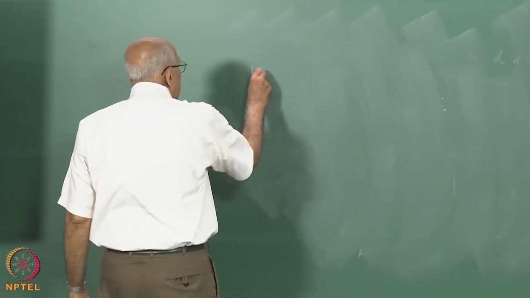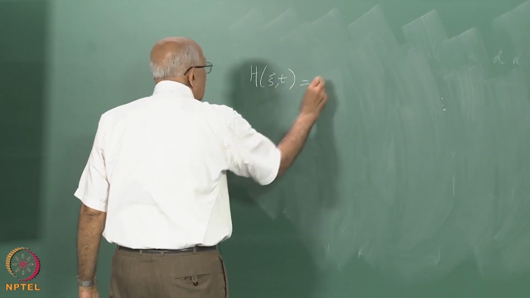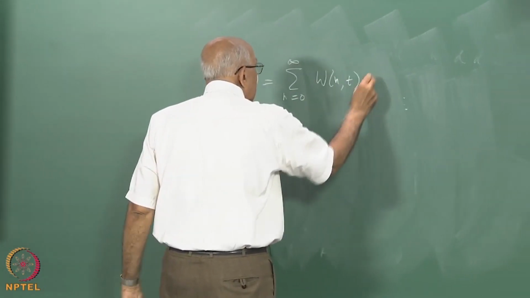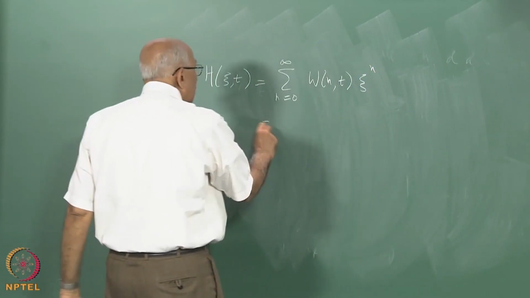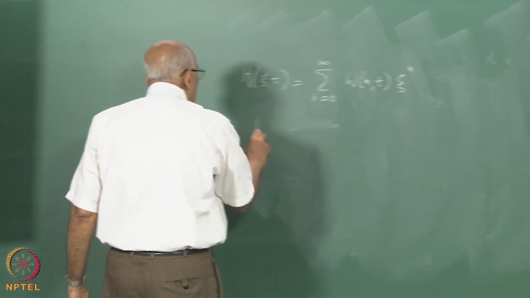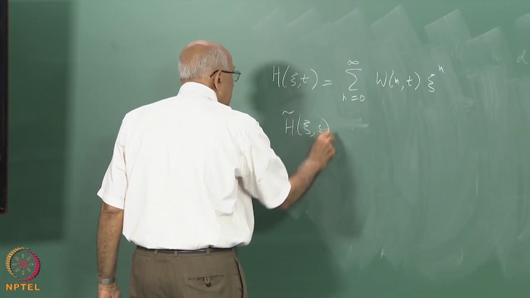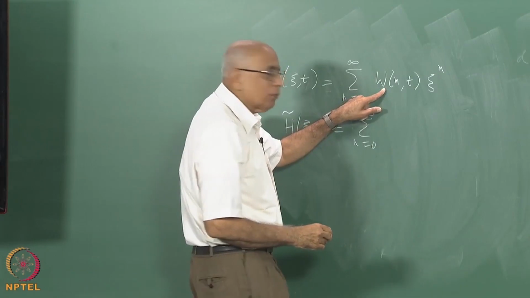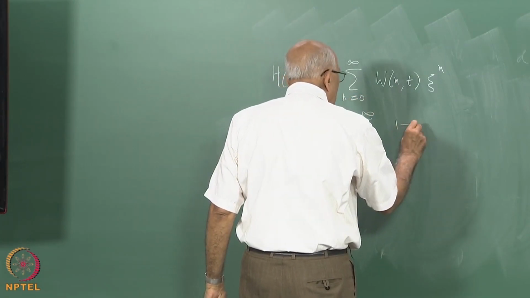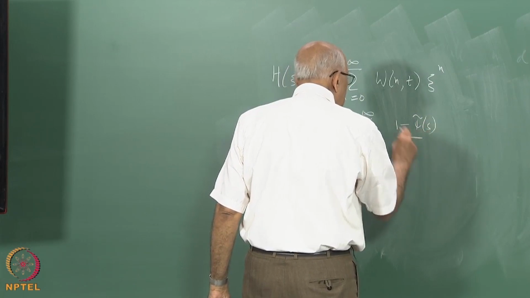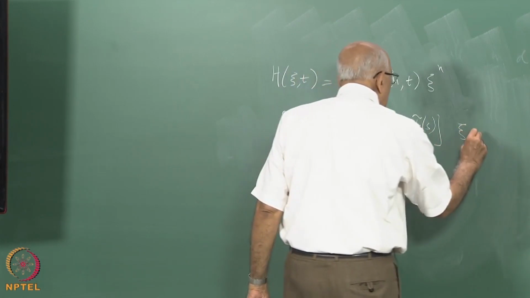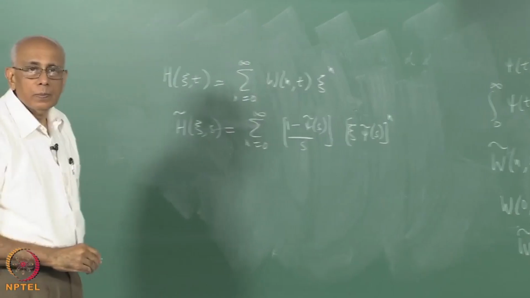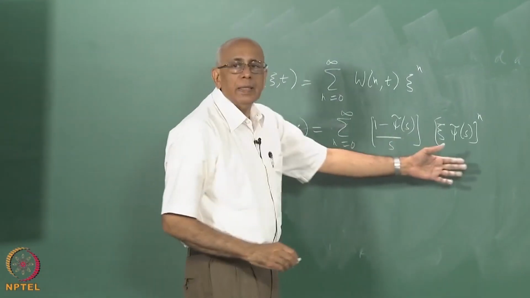So we have h of xi t equal to summation n equal to 0 to infinity w of n t xi to the power n, so therefore h tilde of xi s equal to summation n equal to 0 to infinity w tilde, which of course is very conveniently 1 minus psi tilde of s over s times xi times psi tilde of s to the power n, which is a geometric series.